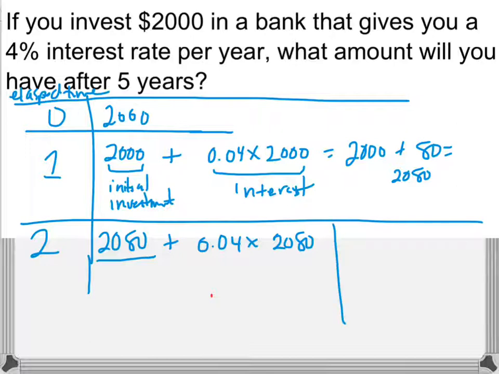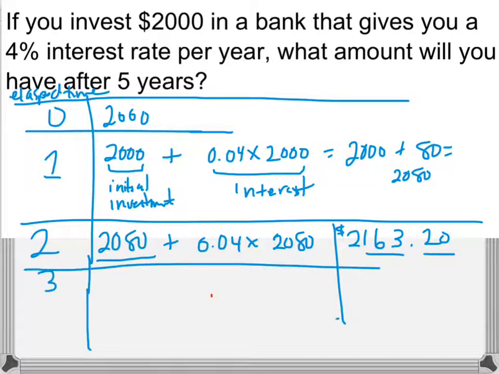So that would be 2,080 plus 0.04 times 2,080, which gets you 2,163.20. Okay, so that's in dollars, right? So now you have 2,163. So over these 2 years, you've gained $163.20.